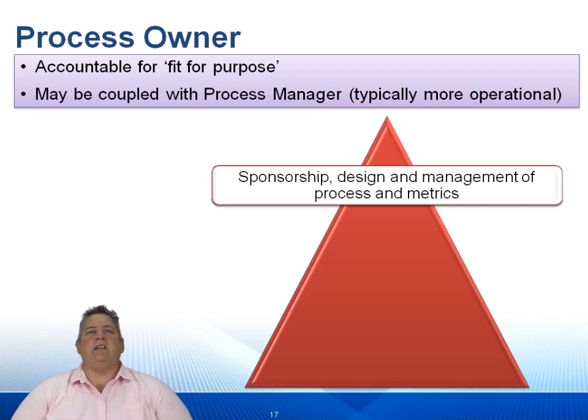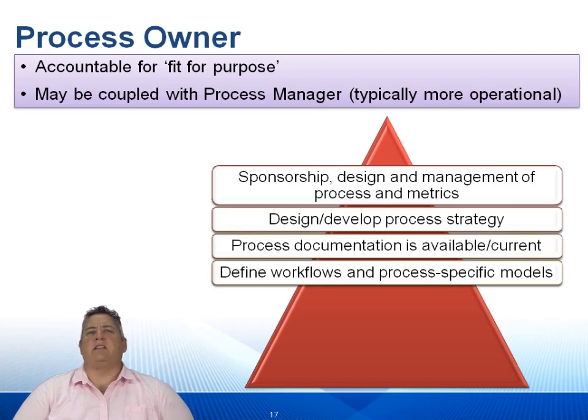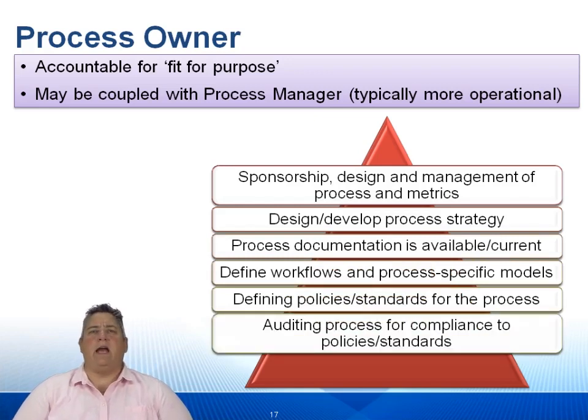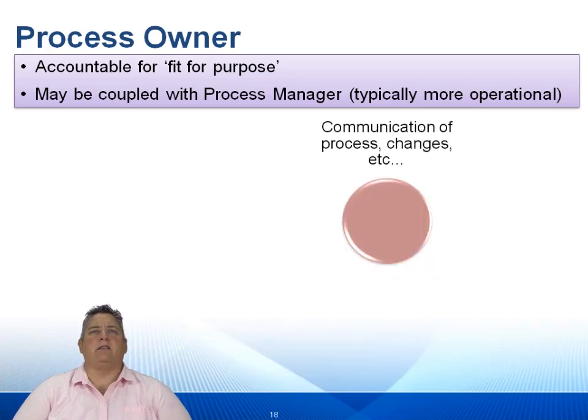Some of the activities, I'm just going to go through them relatively quickly. You can see them in the slide decks, but the process owner is about sponsoring, providing authority, designing and developing, ensuring that we have documentation, ensuring that we audit the process, that we improve it, that we have the appropriate policies.